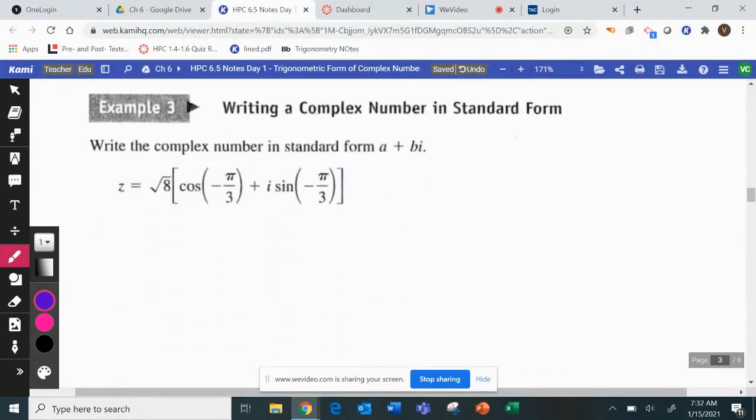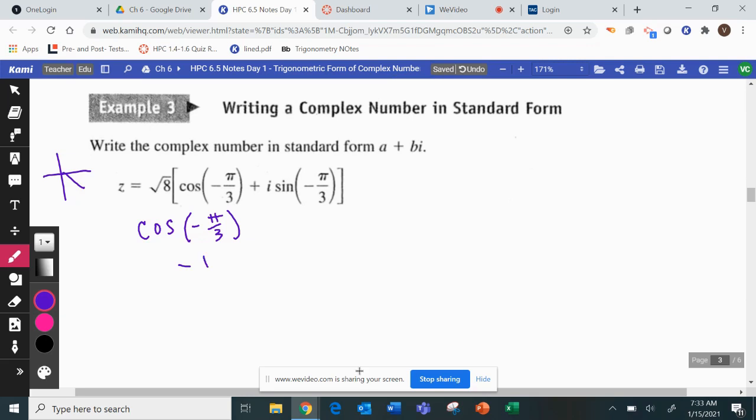Now, writing a complex number in standard form. This is in the trigonometric form, and we're going to go backwards. So let's see. We know that cosine of negative pi over 3 is, it's a 60 in this quadrant.